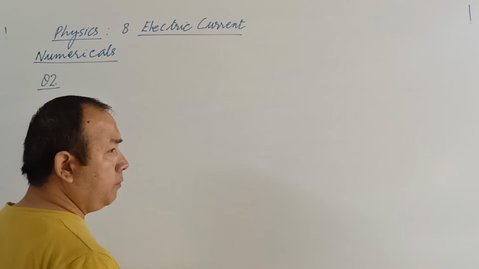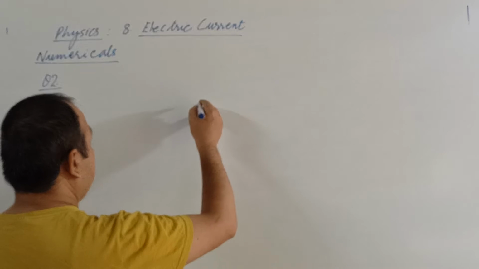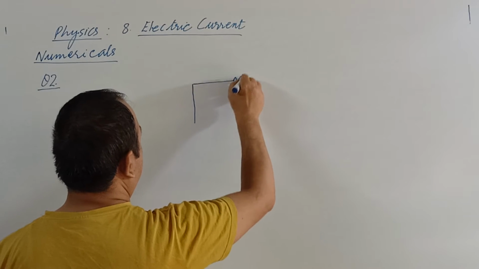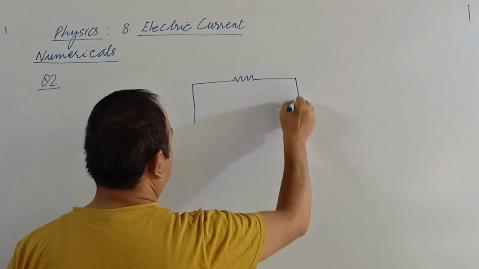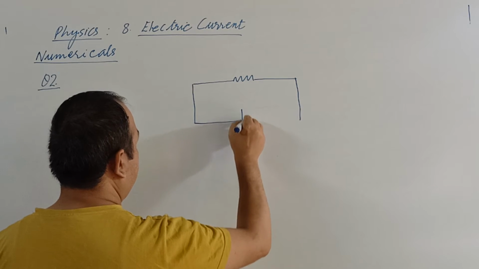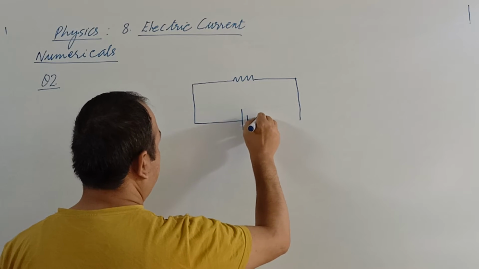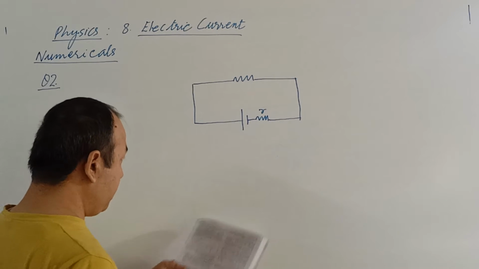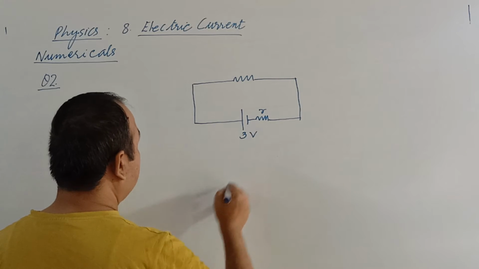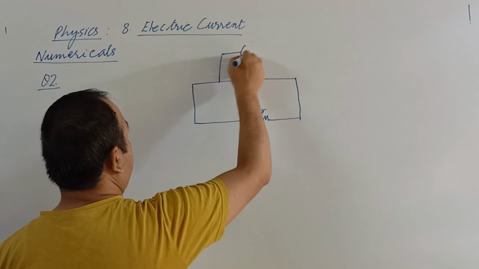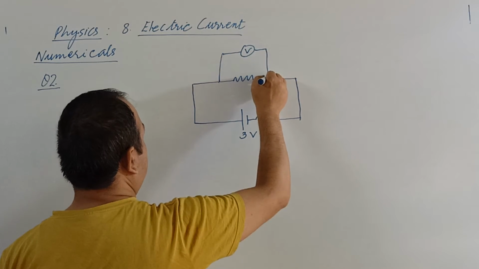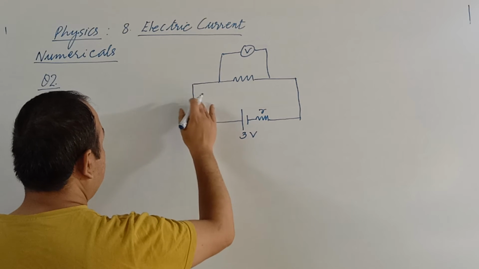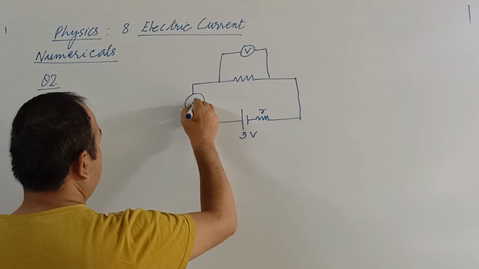So if you are asked to draw the circuit diagram for the same, how to do? In the external circuit, one resistance is there, and then it is connected to the cell with certain internal resistance, which we need to calculate. Here the EMF is given equal to 3 volt, so I will write here 3 volt. The voltmeter is connected in parallel with the external circuit, and the ammeter, as you know, is connected in series.